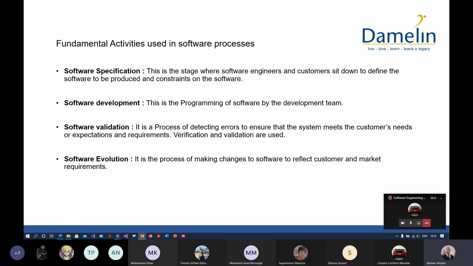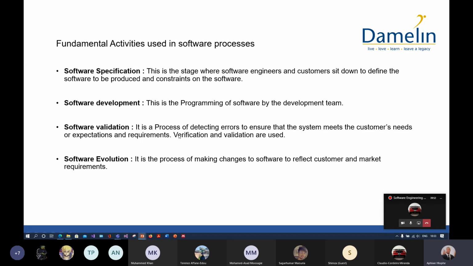software validation. It says it is a process of detecting errors to ensure that the system meets the customer's needs or expectations and requirements. Verification and validation are used. There is a different SDLC model called, you may have not seen it because it's a third year thing, the V model.